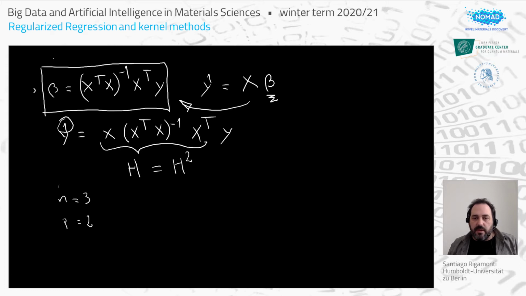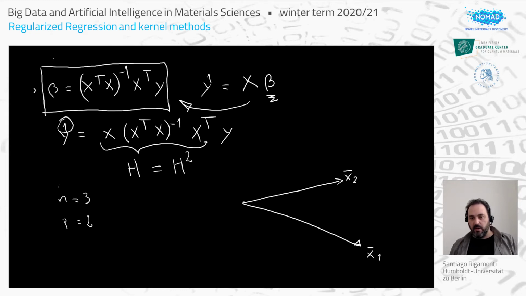So in the column space, we will be able to plot the vectors corresponding to the columns of the input matrix. So this is actually our column space, and you know that a prediction can also be written like this: beta 1 x1 plus beta 2 x2.